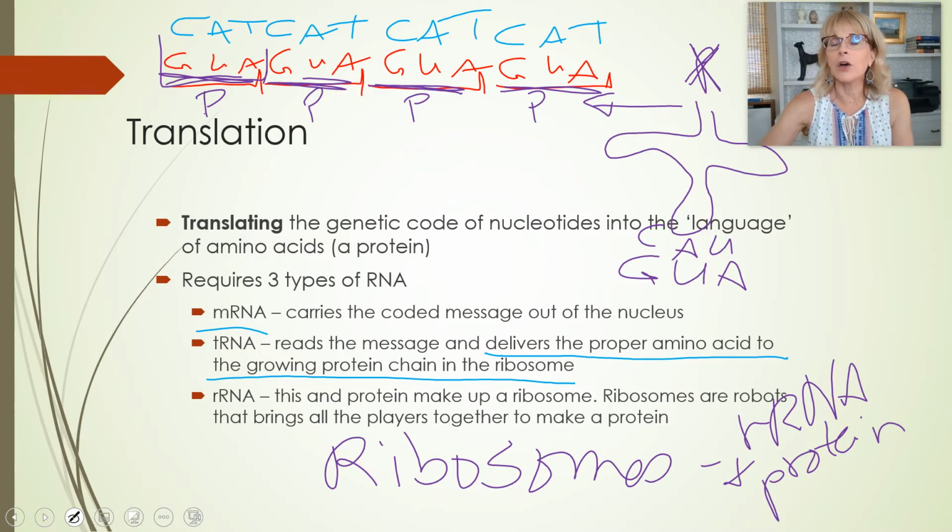Notice that the anticodon is complementary to the codon, right?